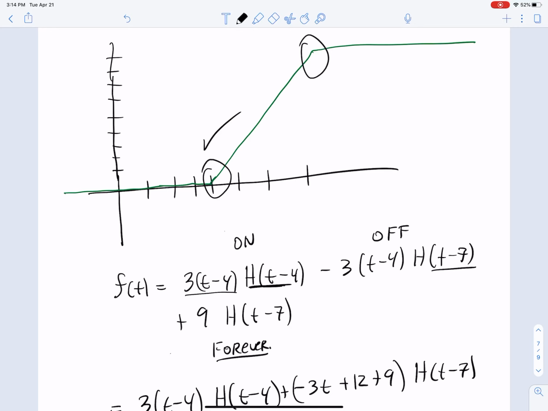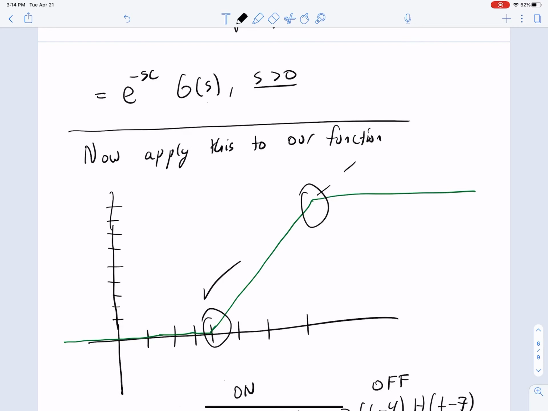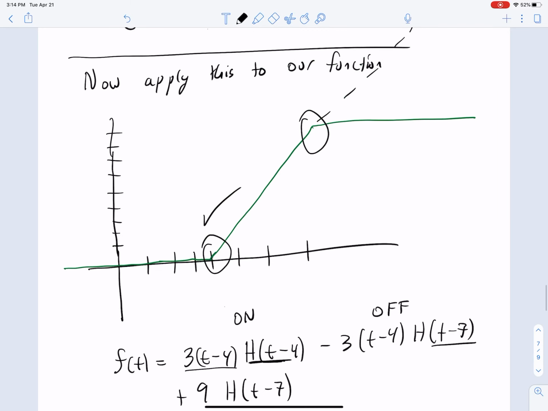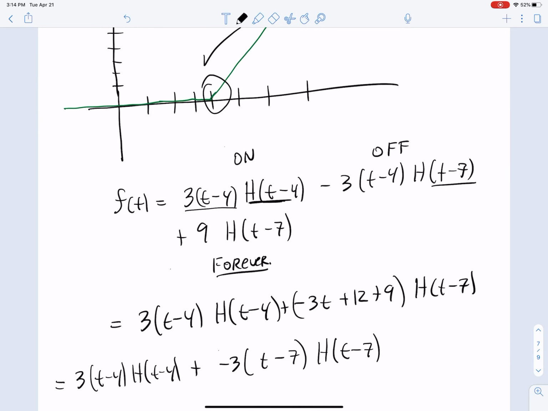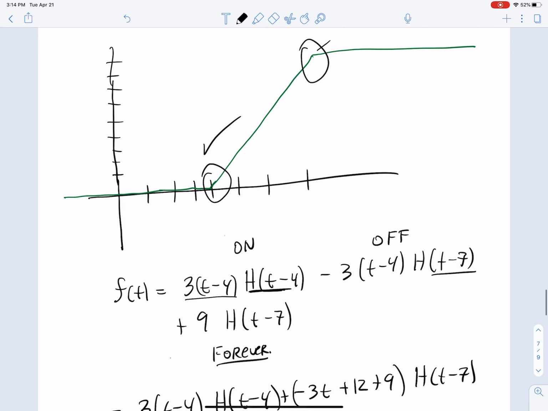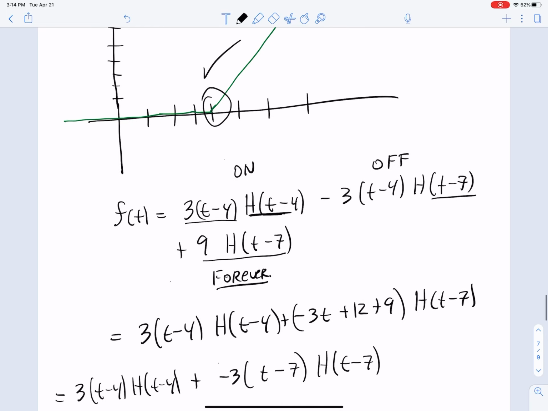And it'll keep going, right? So if we just left it as that, we would have just our straight line going up there. So what happens at this next point is that we need to stop using the linear function and we need to just stick at 9, right? So you can see I did plus 9 h of t minus 7. So this means the value of 9 turns on for t greater than 7. But the problem here is that I would have this and that, right?